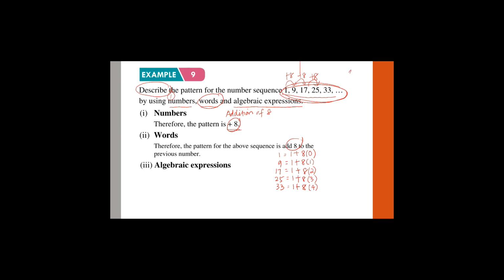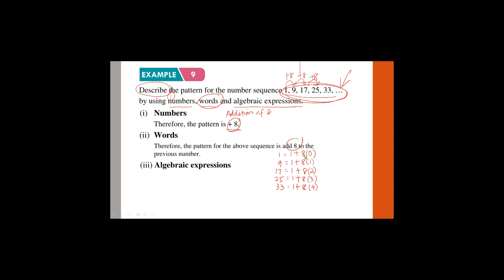And because of the dots up here, we will also have dots later on in our expression. So how to form the expression is: the number will be 1 plus 8 times n.